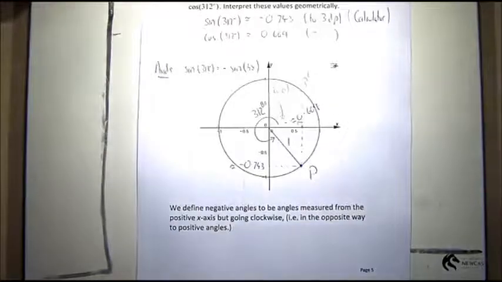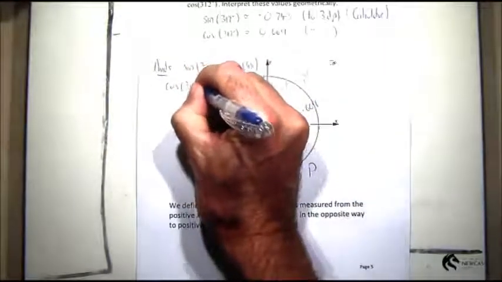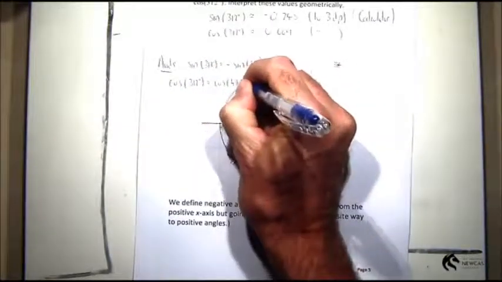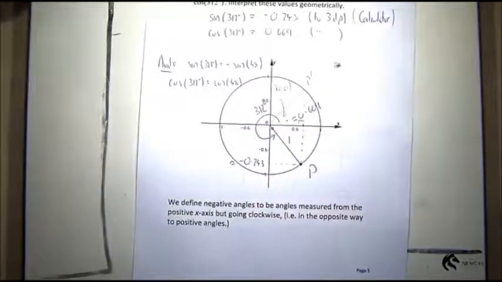Okay, cool. And likewise, the cos of 312 degrees would be exactly the same as the cos of 48 degrees, because they have the same x-coordinate.